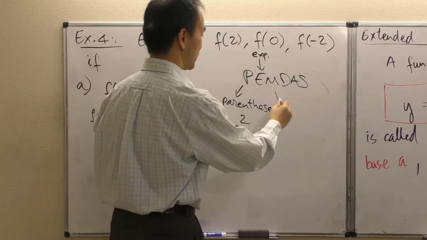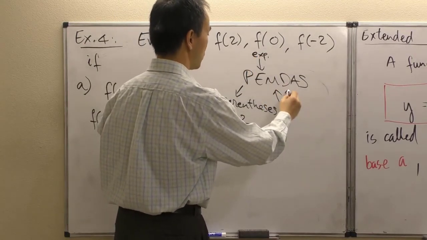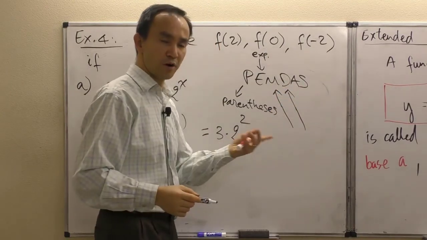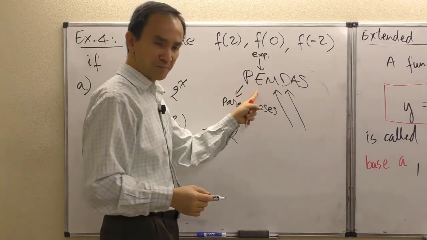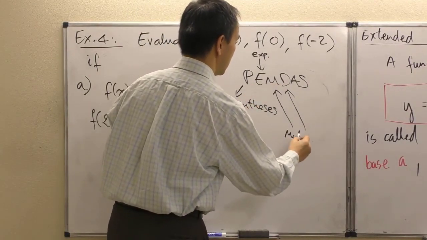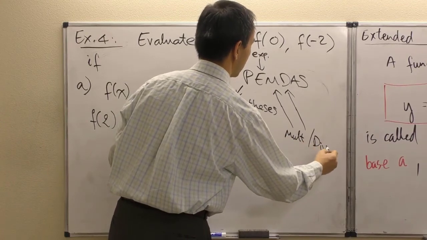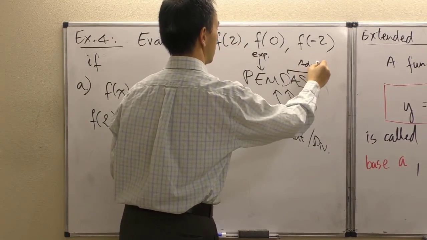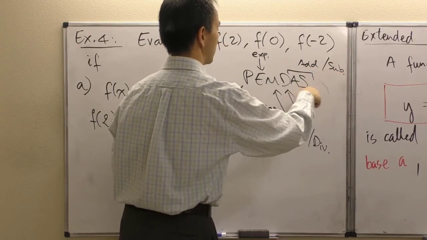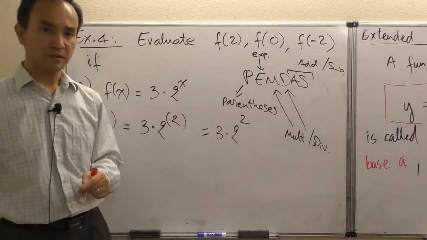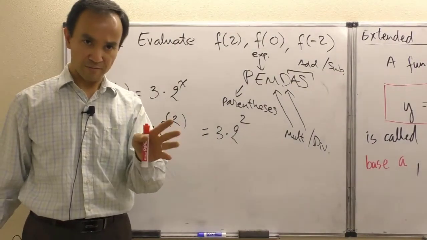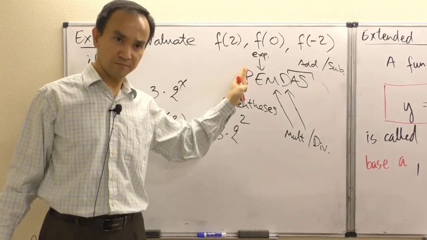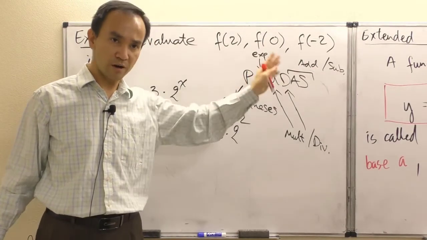Once we're done with exponents, then we do multiplication or division, which have equal priority but always come after exponents. And then A and S stand for addition or subtraction, which are about the same order. That's PEMDAS. It's a fixed scheme for order of operations.